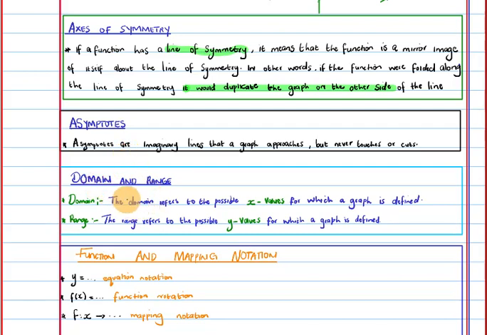Then we have the domain and the range. The domain refers to the possible x values for which the graph is defined. You can say it's the set of input elements that you plug into the graph to get a defined output.